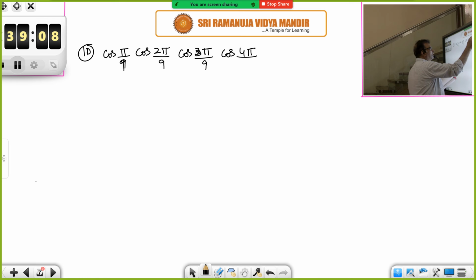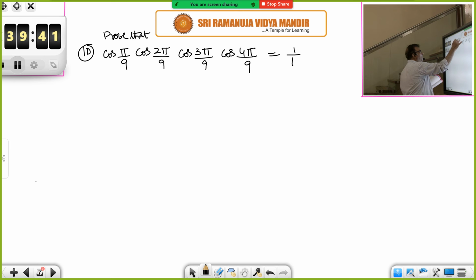Kunal, are you there in the class? Yes, sir. Now the angles are in which progression? AP, GP or HP? AP, correct. Pi by 9, 2 pi by 9, 3 pi by 9, 4 pi by 9. They are not in GP, they are in AP. So prove that.